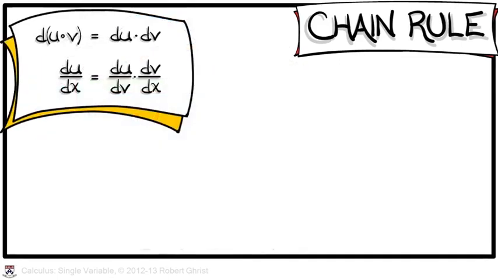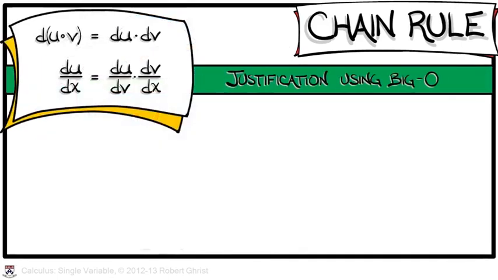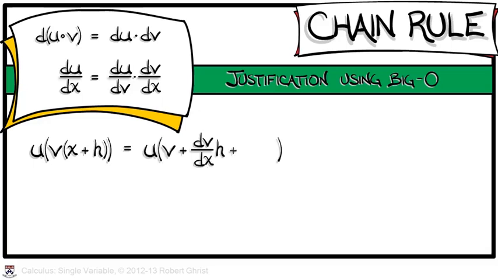The justification of the chain rule is going to follow the same ideas, but with a bit more manipulation involved. If we consider u composed with v and evaluate the input at x plus h, then clearly our first step should be to expand out v using what we know about the derivative of v with respect to x. Everything else in the variation has big O of h squared.